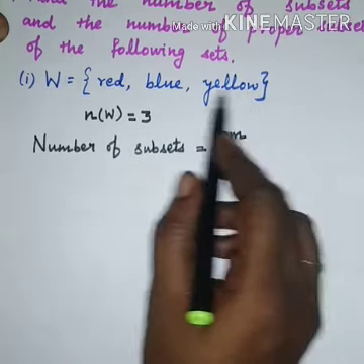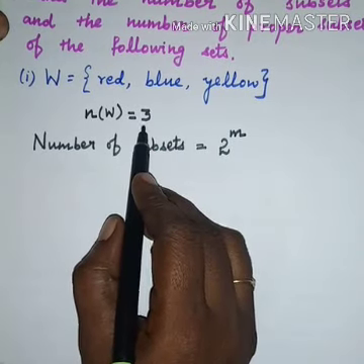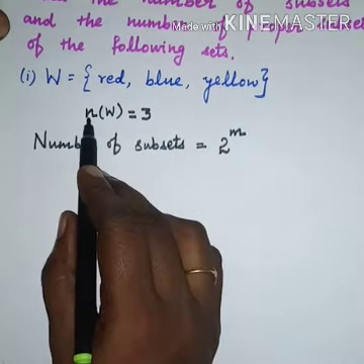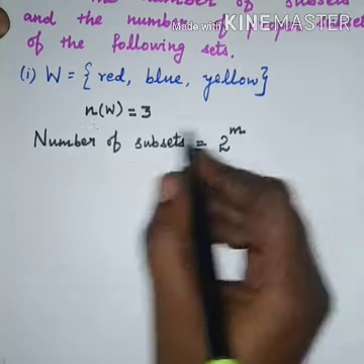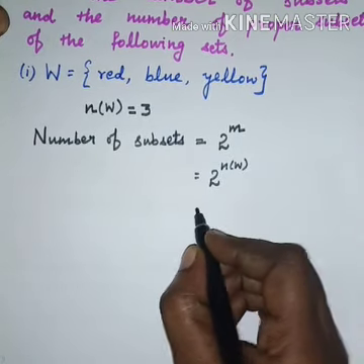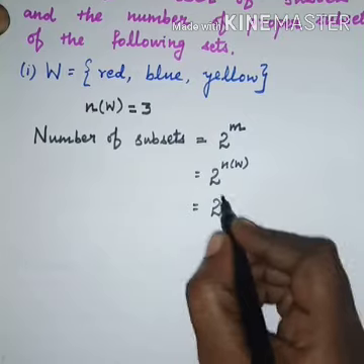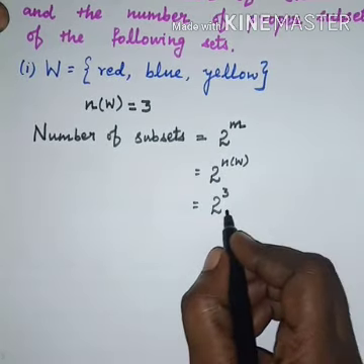How many elements are there in the set? 3 elements. So m is nothing but n(W), that is 2 power n(W), which is 2 power 3.